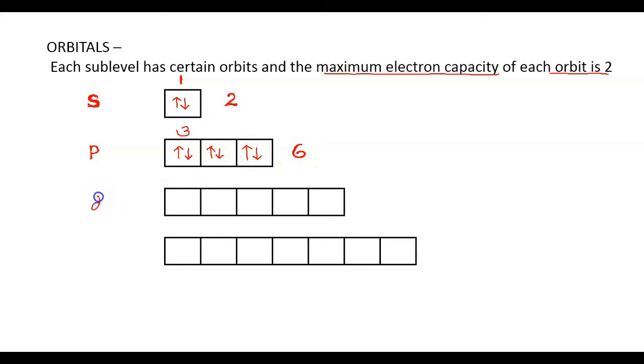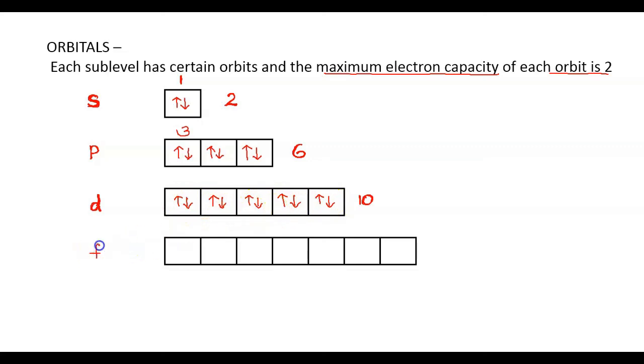And then comes the D subshell. The maximum electron capacity of the D level is 10. How? Because here you can see 5 orbitals for D, and in each orbital you can occupy 2 electrons, so the maximum electron capacity of D is 10: 2 plus 2 plus 2 plus 2 plus 2, 10.